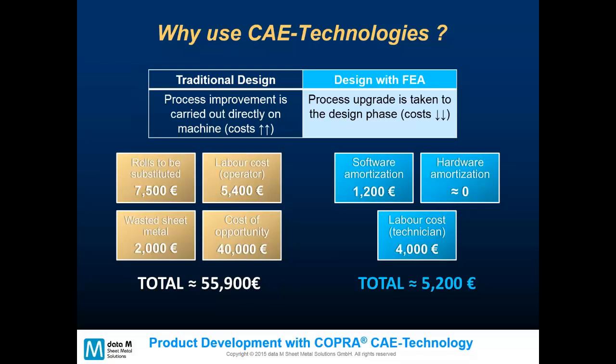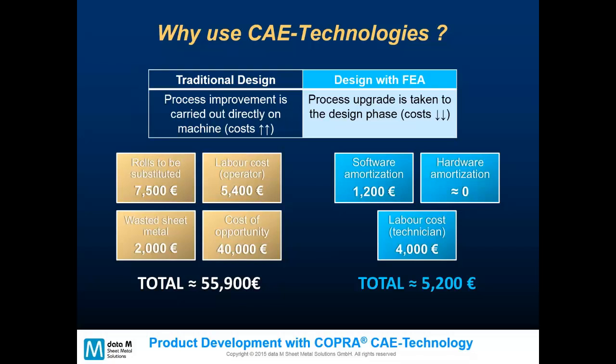So now if we take that same example, whereby we're now using software technology, the process upgrade is taking place during the design phase, as I said in the previous slide. So of course there's some software amortization to consider now, because we need to pay for the software. Hardware amortization, I guess this could be negligible.